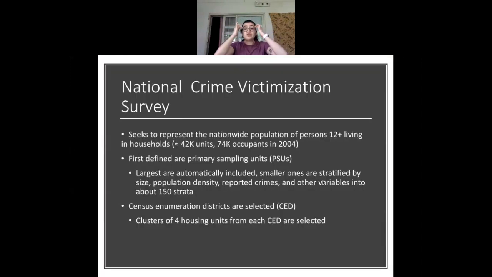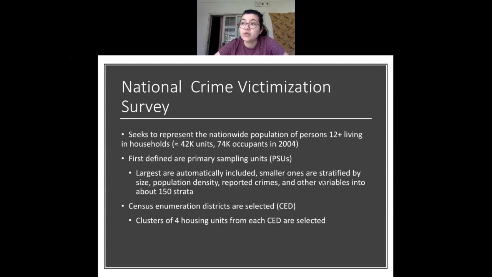And so the National Crime Victimization Survey is an example of multi-stage stratified sampling. So they want to represent the nationwide population of persons 12 and above living in households. So that's important, living in a household.